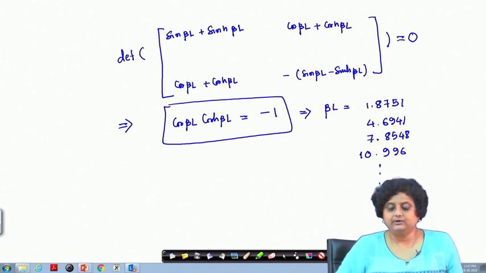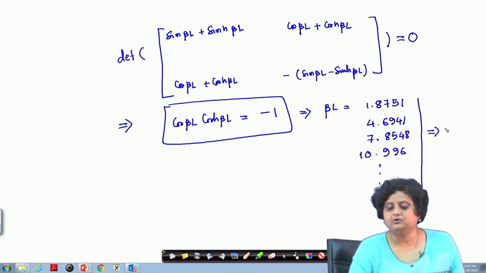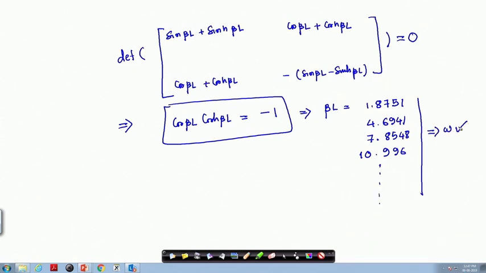If this is the solution for beta L, from this solution we can always find out the solutions for omega. So, we can find out infinite solutions of omega: omega 1, omega 2, omega 3 and so on till omega r and so on.